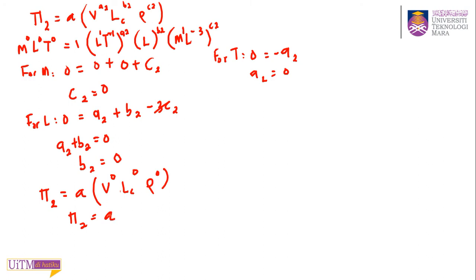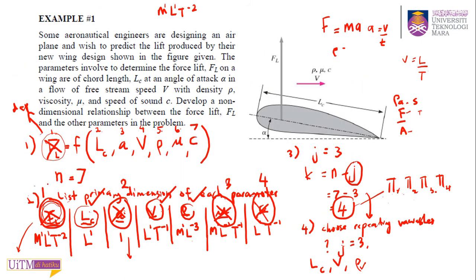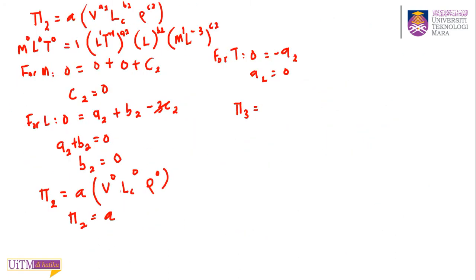Okay, and we do the third pi. The third pi I will write here. We have now used F, L, and alpha. Now the third one is mu, and C not yet, so this third one is mu times V^A3, L^B3, rho^C3.